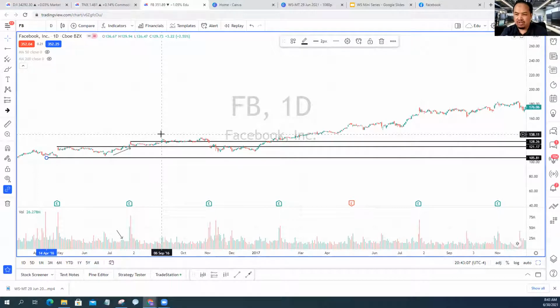As you can see here, if you keep on holding and you don't have a stop loss of less than 10% set in your mind, this thing could happen. A gap down could happen. So you must be ready to cut loss if the price action does not move as intended.